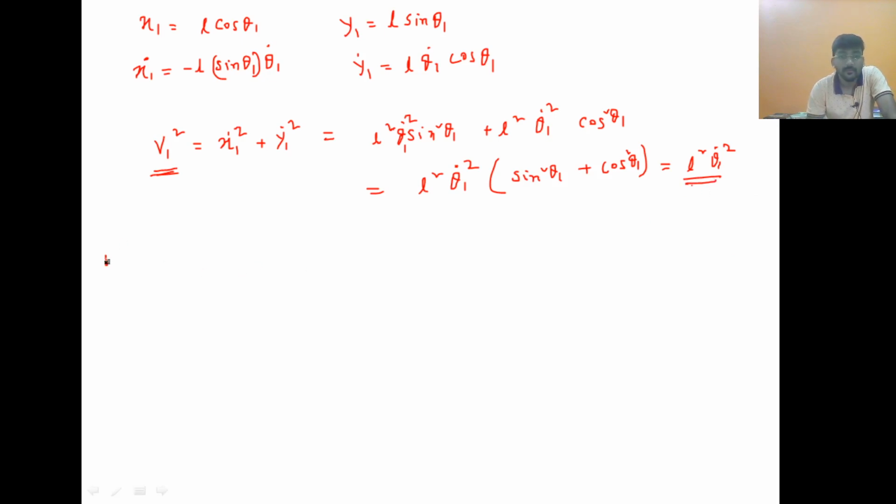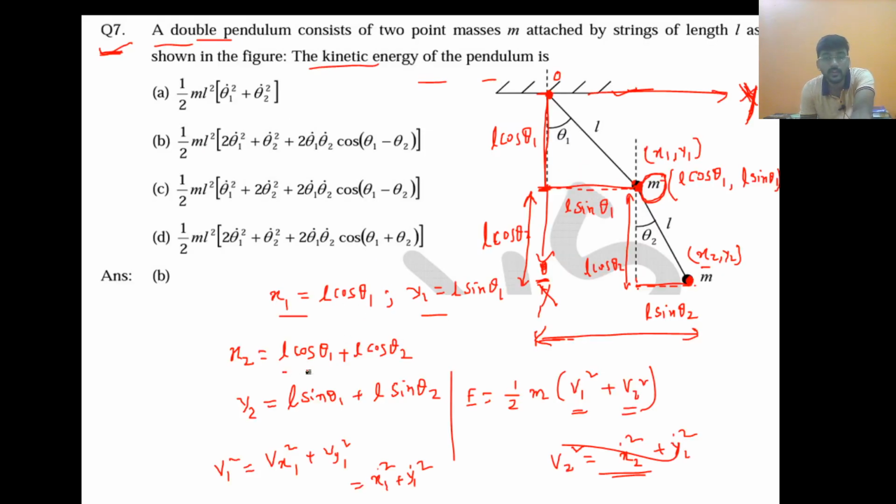Now, what will be x2? x2 will be L cos theta 1 plus L cos theta 2. We have seen x2 is equal to L cos theta 1 plus L cos theta 2.